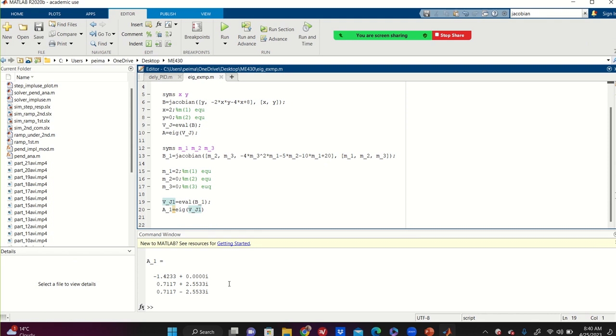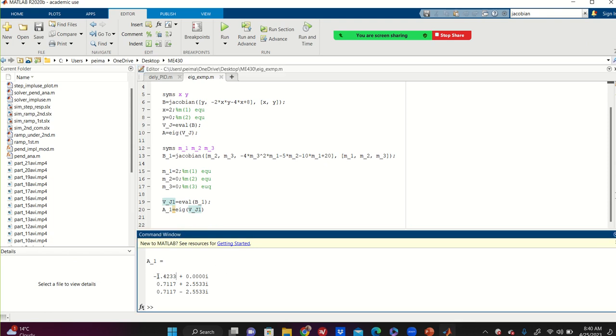the eigenvalues of this system are very interesting. One of them has a negative real part. The other two are a pair of complex conjugate values, but the real part is positive. See what I'm saying? It means that your linearized system is unstable.